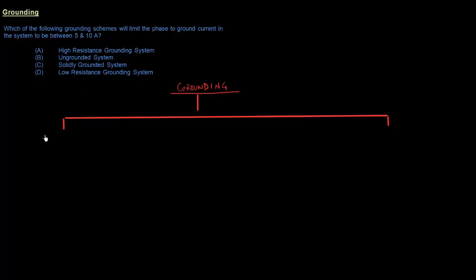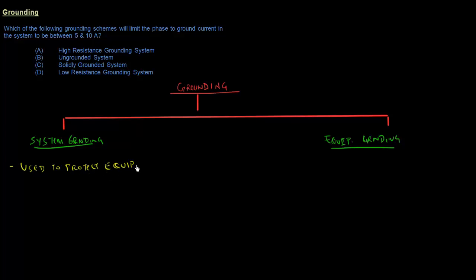System grounding is used to protect the equipment.